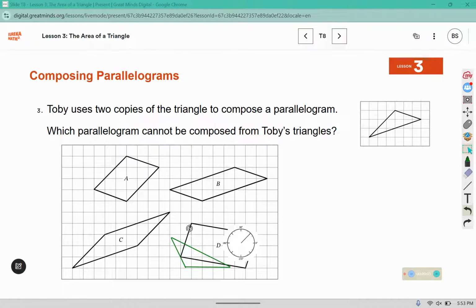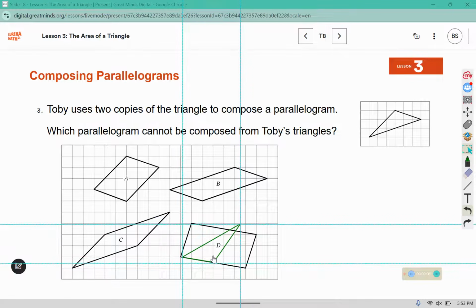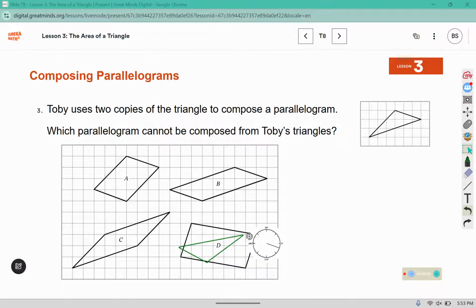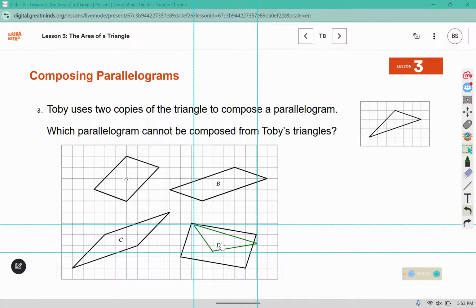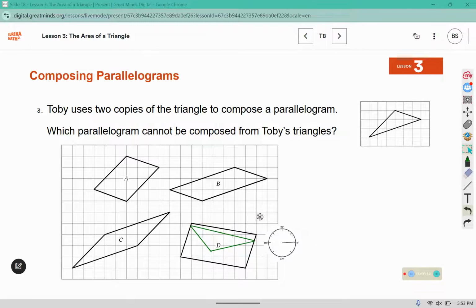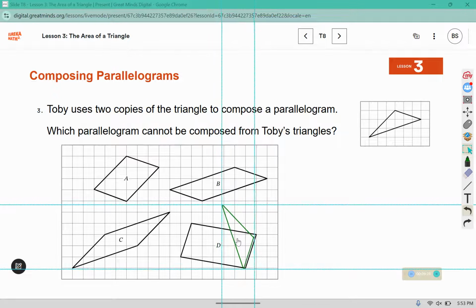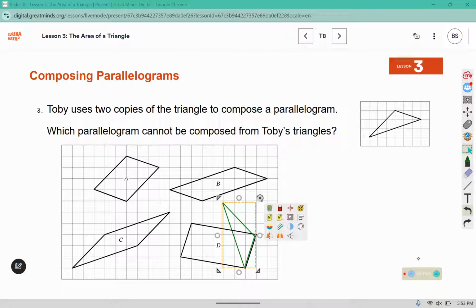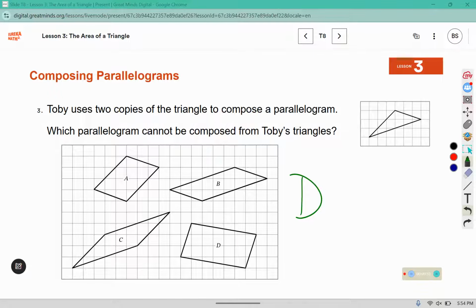Let's see if we can rotate this piece to fit. This does not appear to fill in Toby's triangle. So parallelogram D cannot be composed from Toby's triangles.